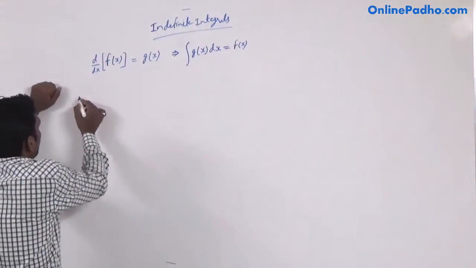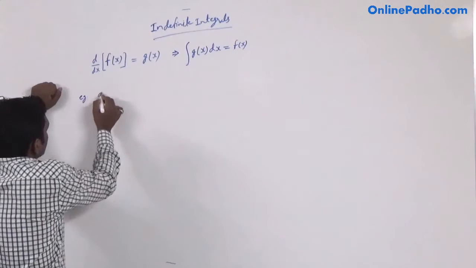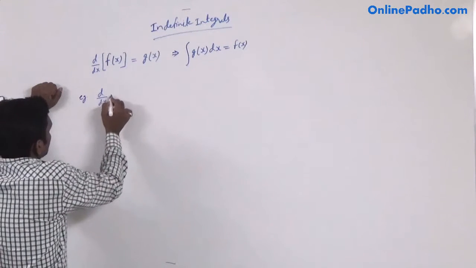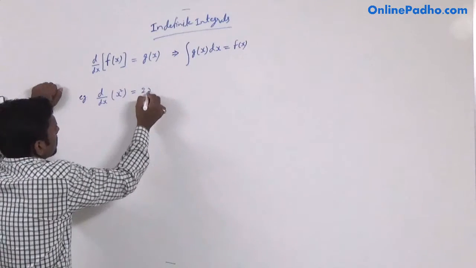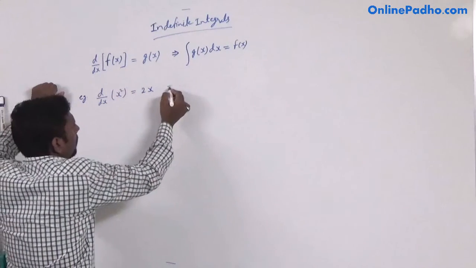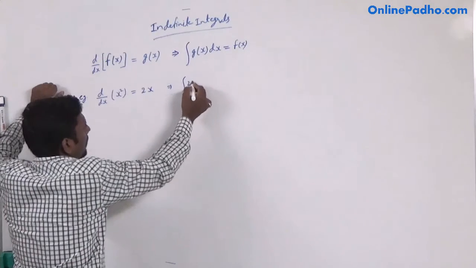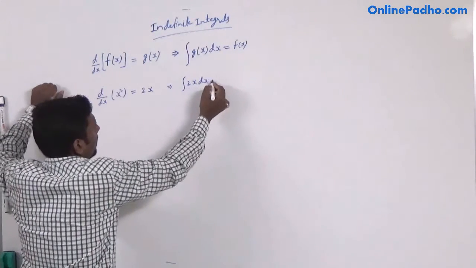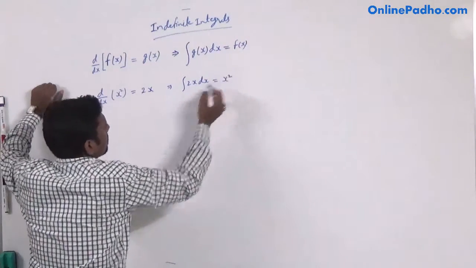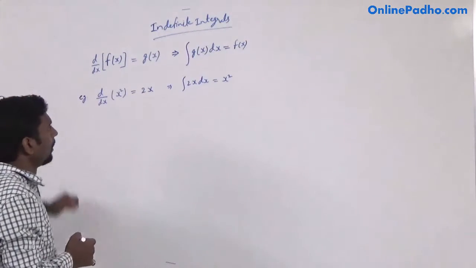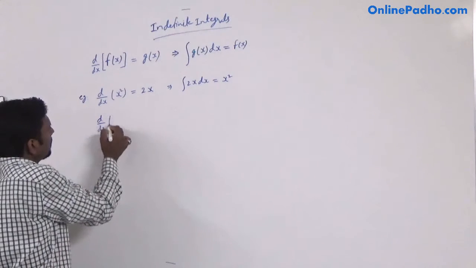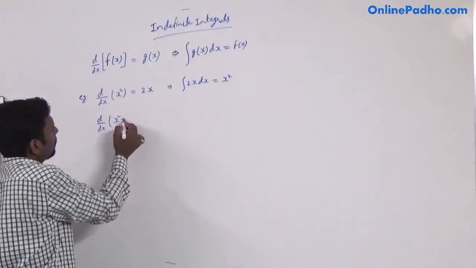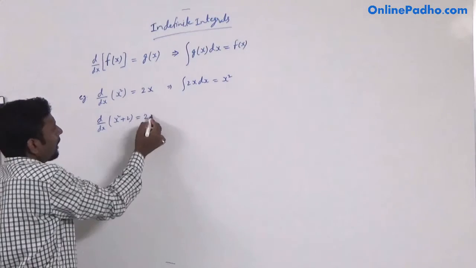Now, for example, if we differentiate the function x square, its derivative is what? 2x. So therefore, the integration of 2x with respect to x can be written as x square, right? Now, if we differentiate the function x square plus 2, it is again 2x.